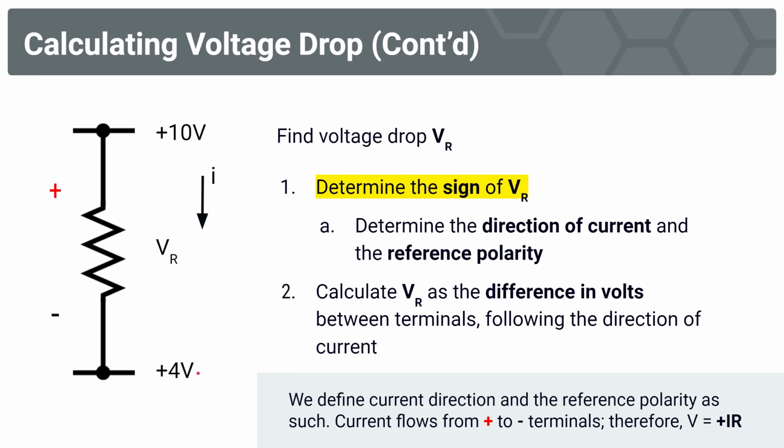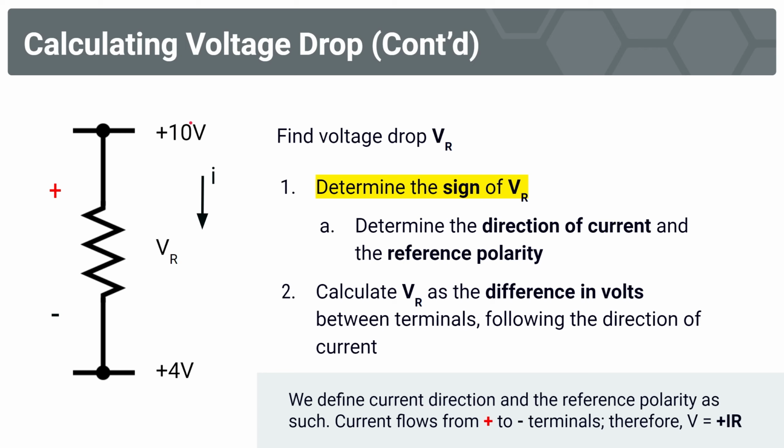Now this is just intuitive because conventional current flows from a place of higher electric potential to a place of lower electric potential. And again, I need to remind you that we could have just as easily defined current to flow bottom to top from 4 volts to 10 volts.